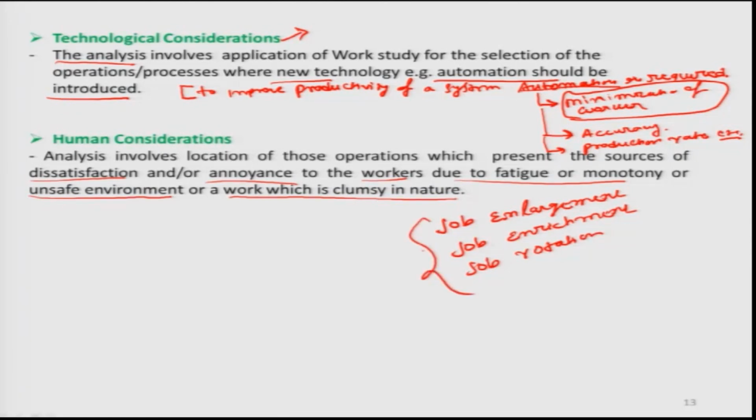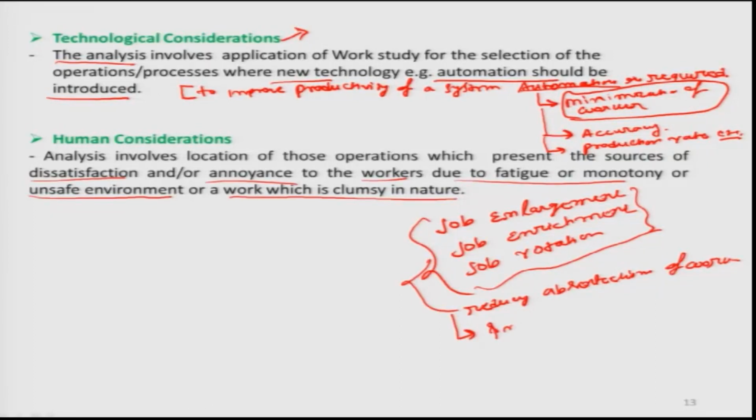This is one kind of method which may help in reducing absenteeism of workers, improved self motivation, and job satisfaction. Okay. So, this is the first step.